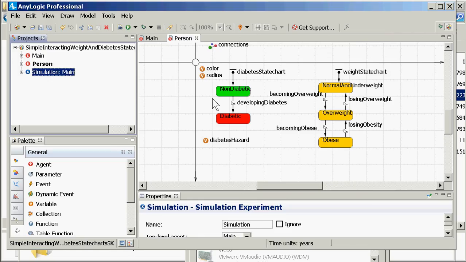There's a lot of advanced things we haven't seen. More sophisticated stuff with types of transitions, using custom distributions when we have a timeout transition to impose a custom residence time distribution, which can be very useful, particularly for some data-rich health studies. We haven't looked at hierarchical state charts.